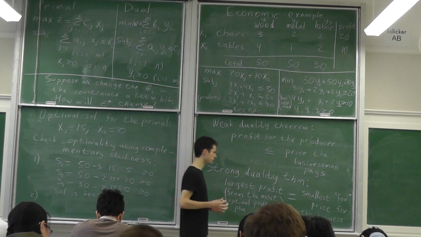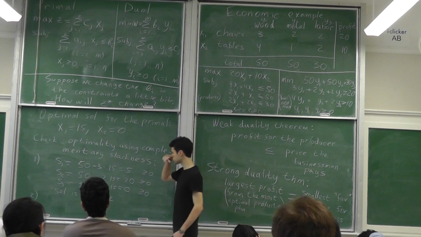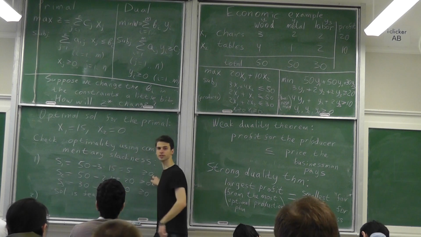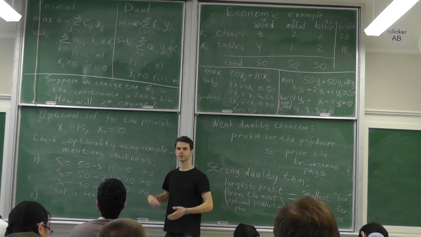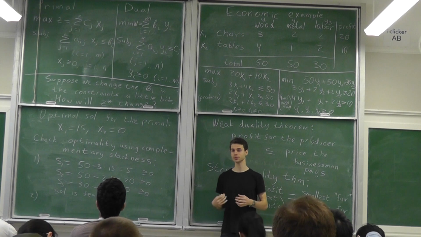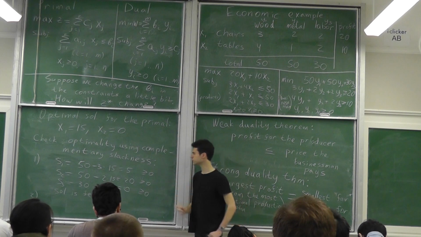Let's write down the complementary slackness conditions. If I have slack in this constraint, then the corresponding variable in the dual problem will be equal to 0. So here I have y1 equal to 0.